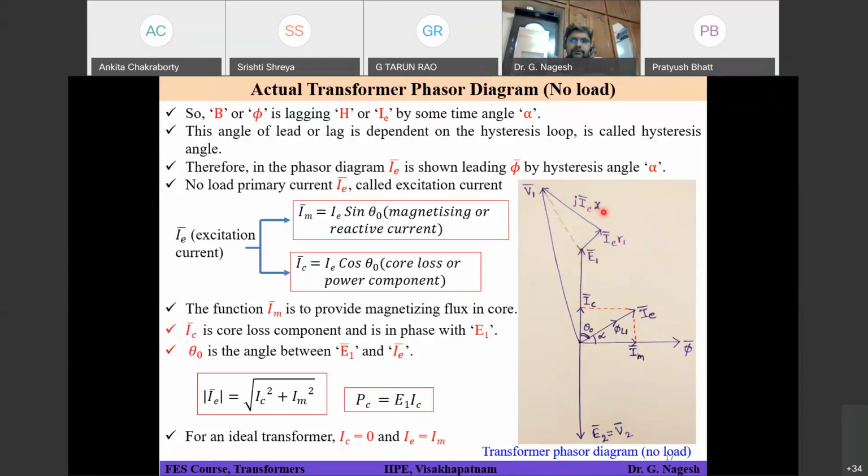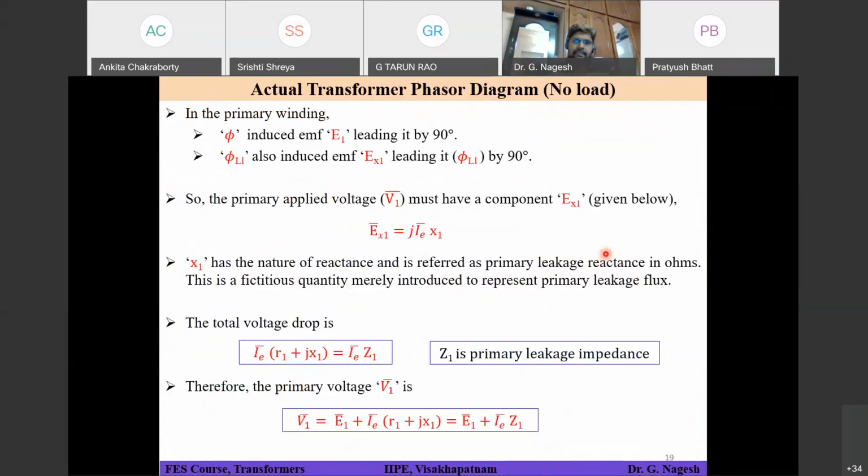From the KVL point of view, the source voltage is the phasor addition of all three voltages: the EMF induced, the voltage drop due to resistance, and the voltage drop due to leakage reactance. Finally, the equation from the primary side is source voltage V1 phasor equals E1 plus IE into R1 plus jX1.